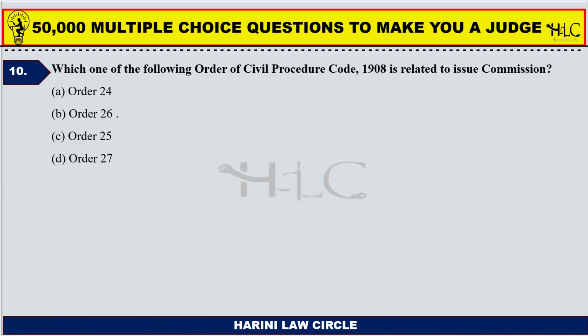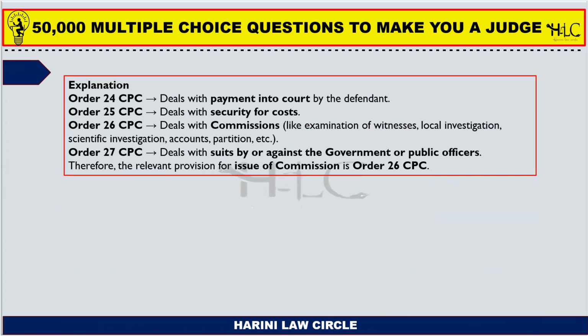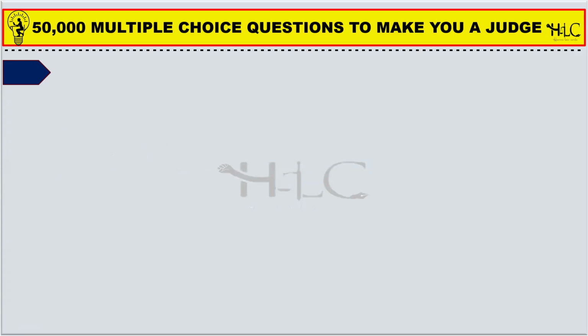So the correct option is Order 26, option number B. As you can see, Order 24 deals with payment into the court by the defendant, 25 with security for costs, and 26 with commissions like the examination of witnesses, local investigation, scientific investigations, accounts and partition. And Order 27 of CPC deals with suits by or against the government or public officers.